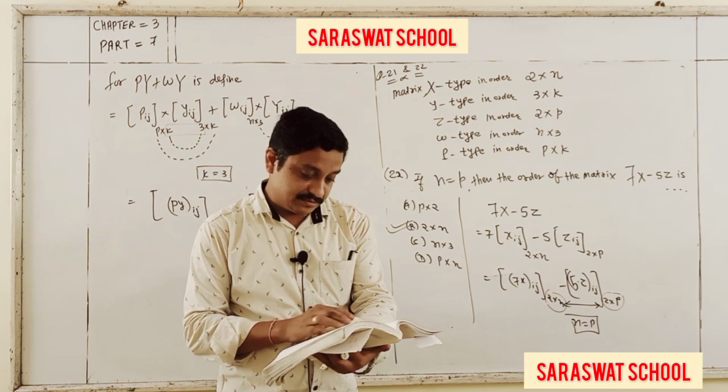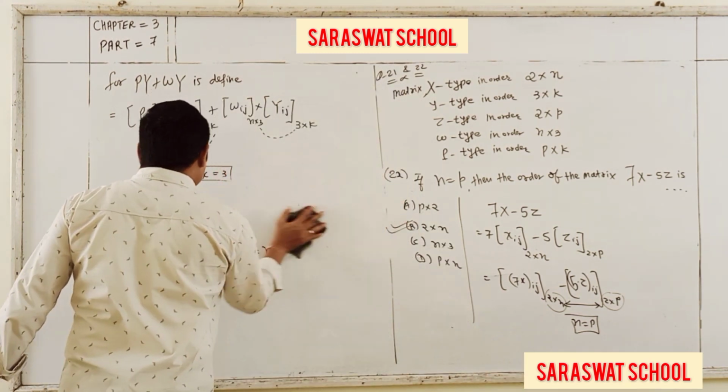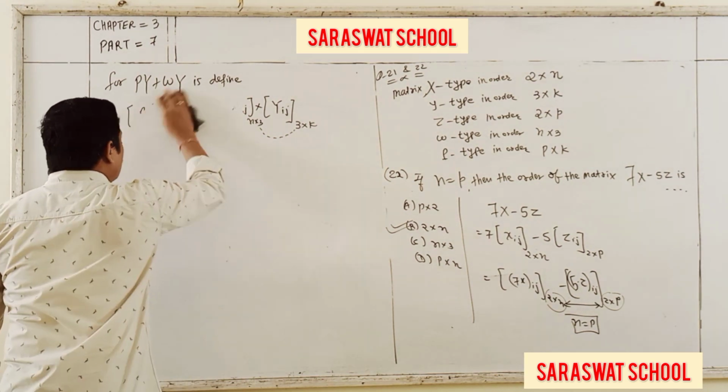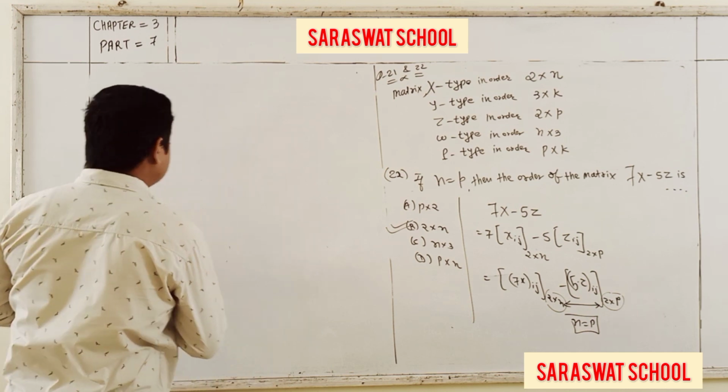Find out A plus B. Just very easy examples, one by one I am going in solutions.